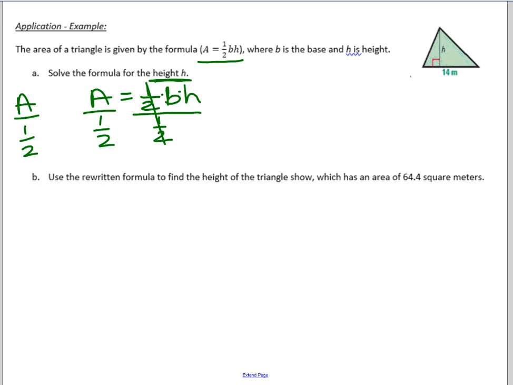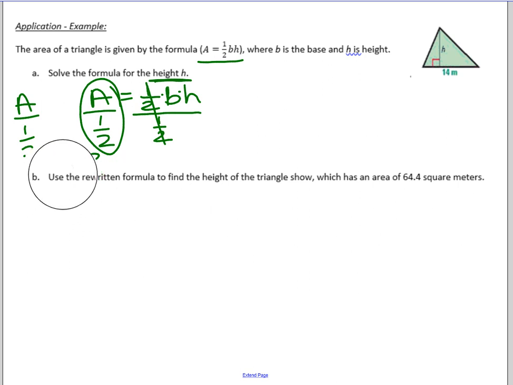How do we divide by a fraction? Well, we multiply by the reciprocal. So this turns into a times the reciprocal of 1/2, which is 2 over 1. Well, what's 2 over 1? It's just 2. So I just have a times 2, which is just 2a.